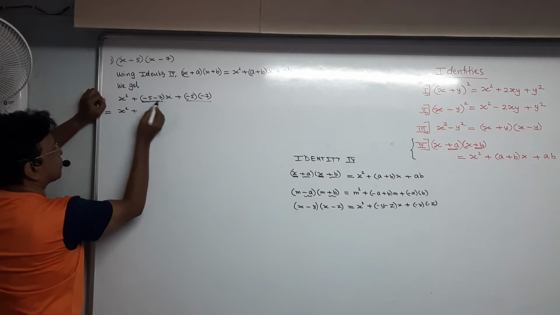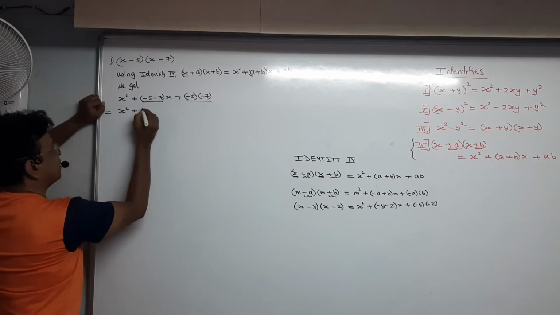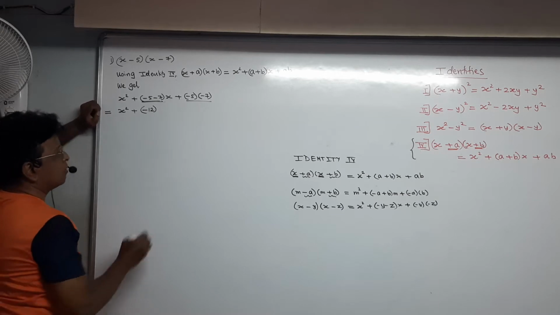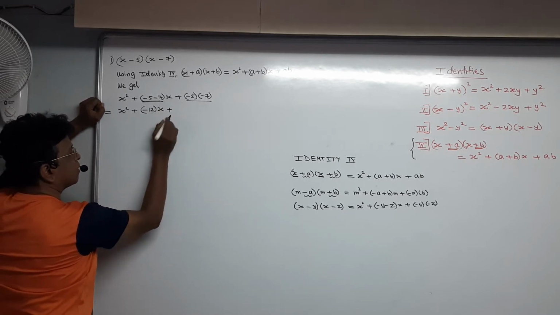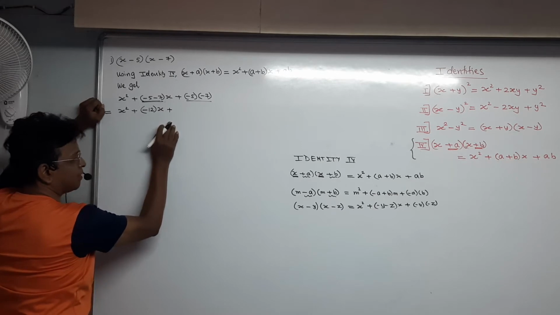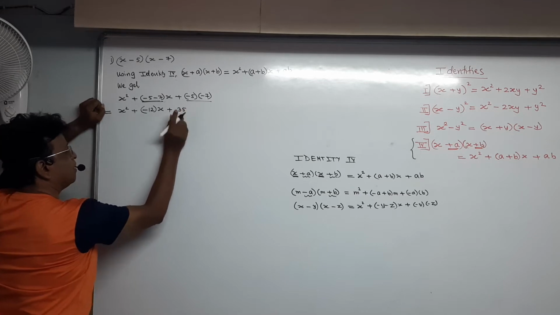Now here what you will get: plus (minus 5 minus 7). What is the answer of that? It is minus 12, with the sign of the greater number, so minus 12x. What is the answer of this? Plus 35. You will multiply.